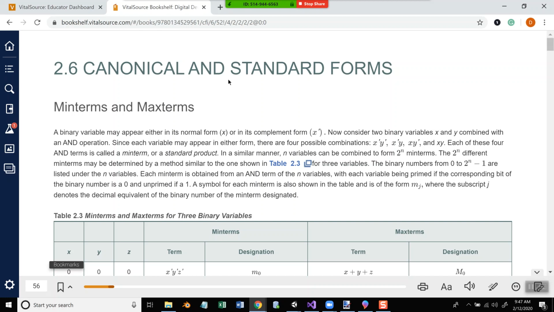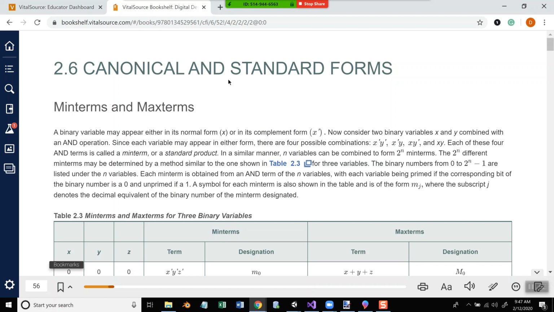In a similar manner, n variables can be combined to form 2 to the n minterms. The 2 to the n different minterms may be determined by a method similar to the one shown in table 2.3, which we'll look at in a minute, for 3 variables. Binary numbers from 0 to 2 to the n minus 1 are listed under the n variables.